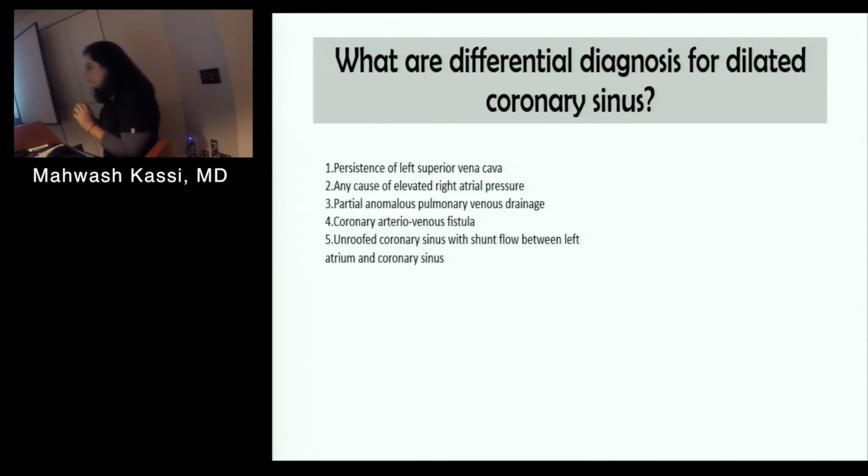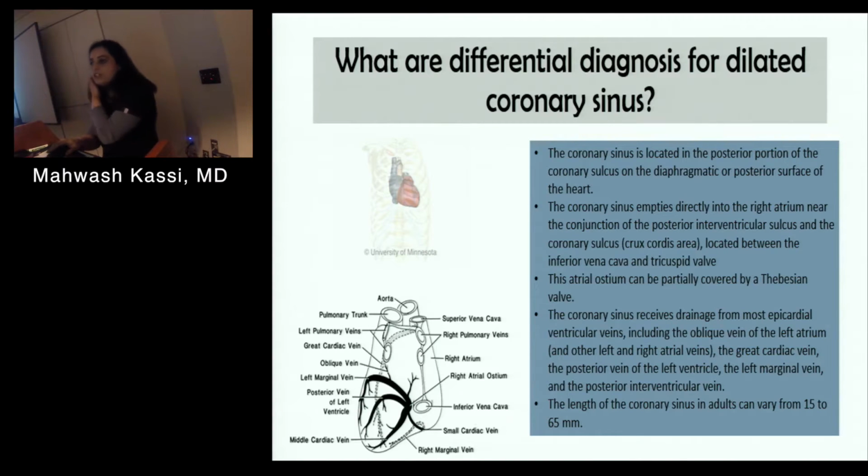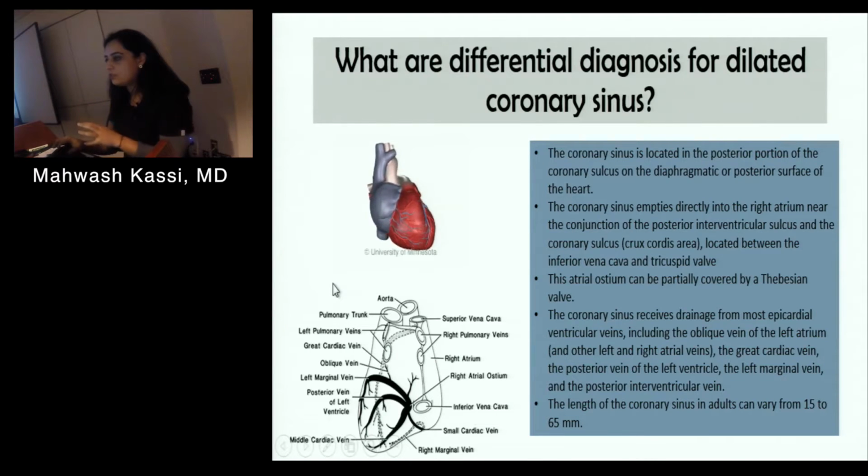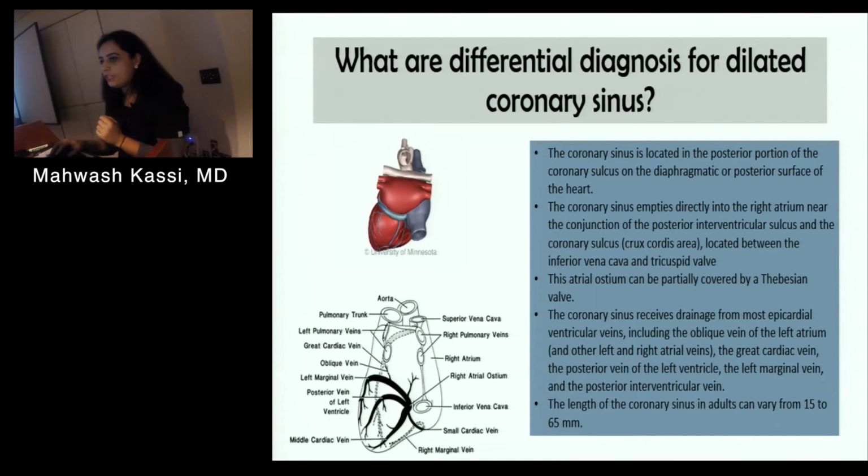So I'm going to go a little bit over what happens from an embryological point of view, and exactly where the coronary sinus is located, what exactly to expect. We all kind of know by now the anatomy of the coronary sinus. The coronary sinus is located in the posterior portion of the coronary sulcus. It will light up in just a bit, that yellow structure.